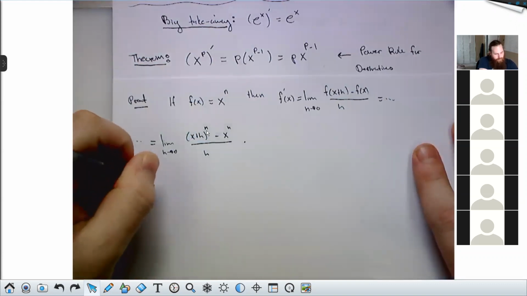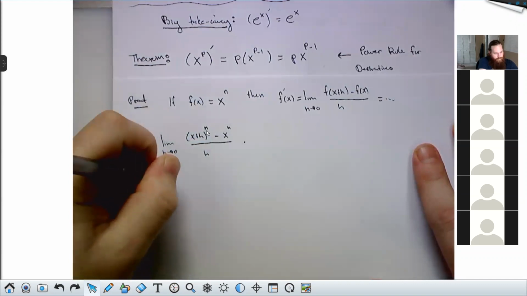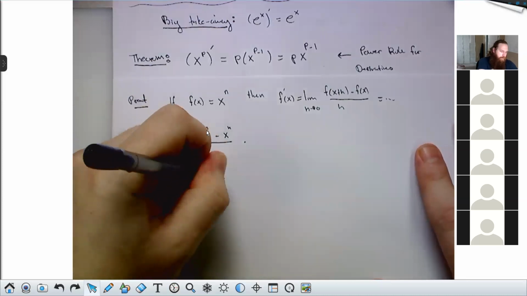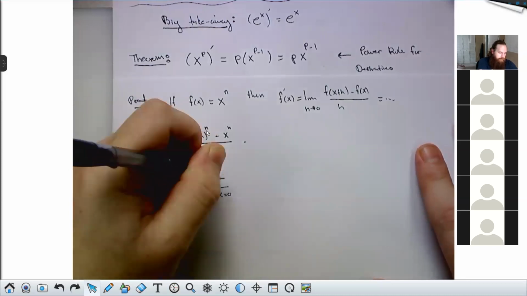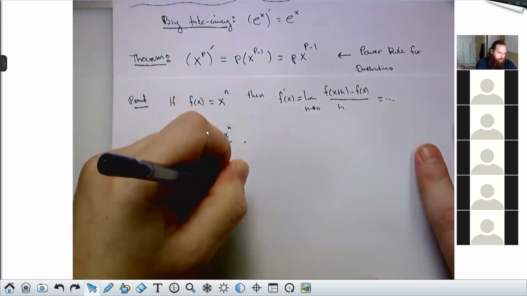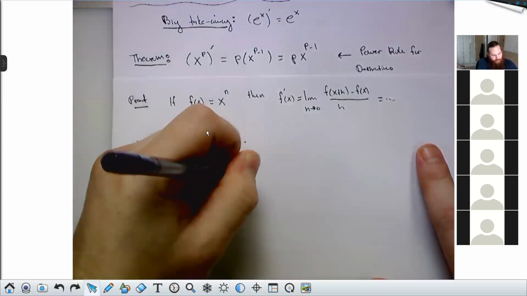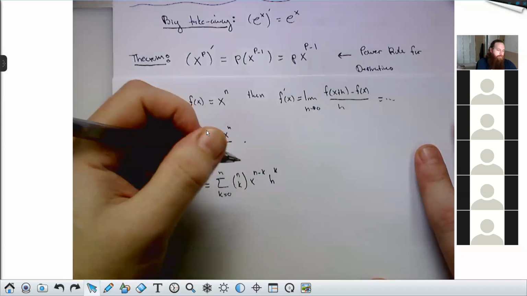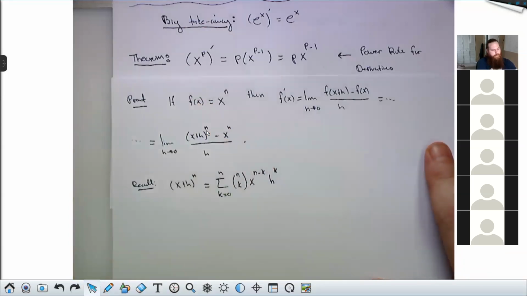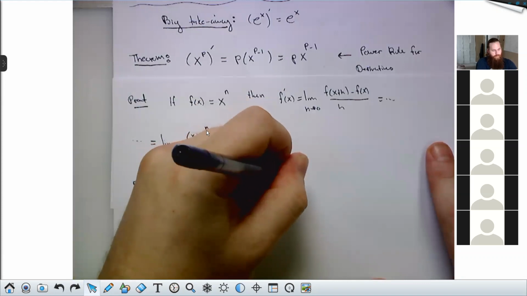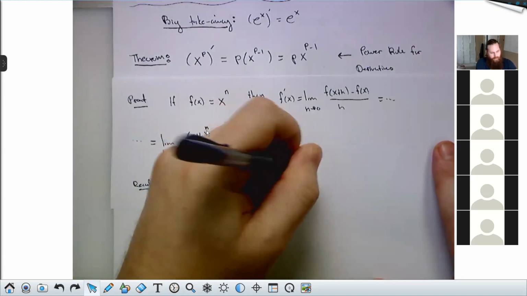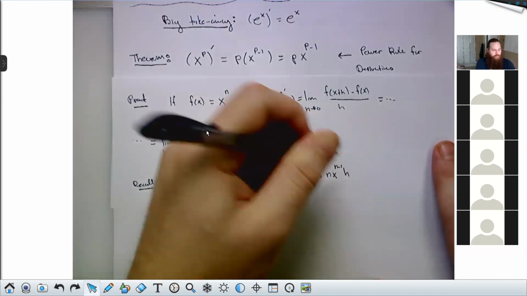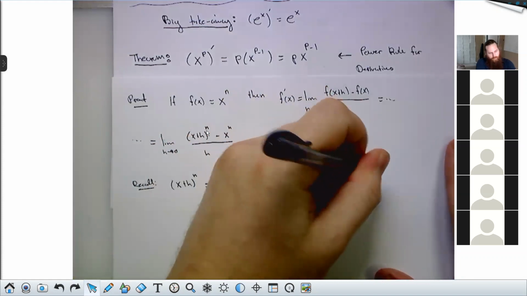Recall that (x plus h) to the n can be expanded using the binomial theorem as the sum from k equals 0 to n of n choose k, x to the n minus k times h to the k. The first few terms of which are x to the n plus n x to the n minus 1 times h, and then so on.